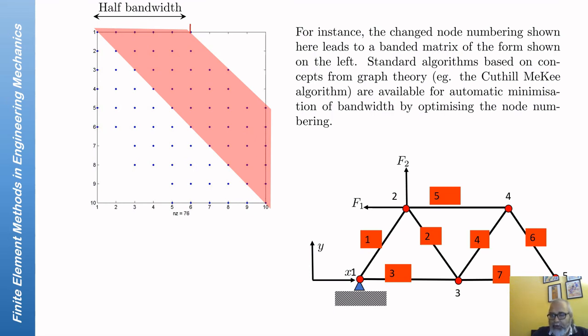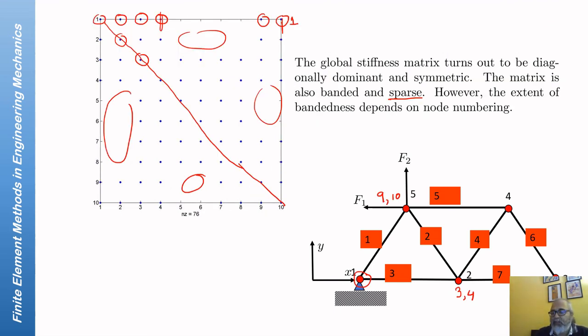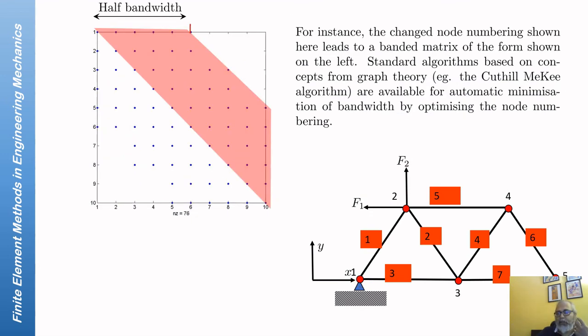So you can do an automatic minimization of bandwidth by optimizing the node numbering. Initially you do an arbitrary node numbering, then you pass it through an optimizing code, and that changes the node numbering, changes the element connectivities, and gives you back a better node numbering that gives you a thinner matrix about the diagonal. So this is all about assembling.